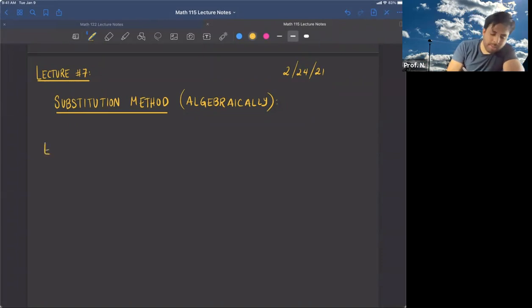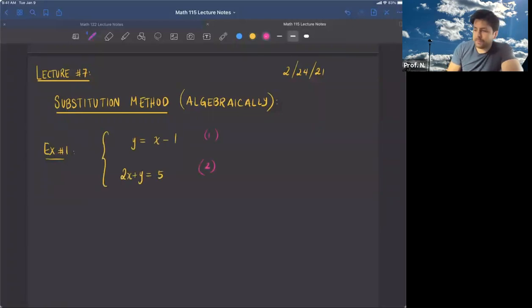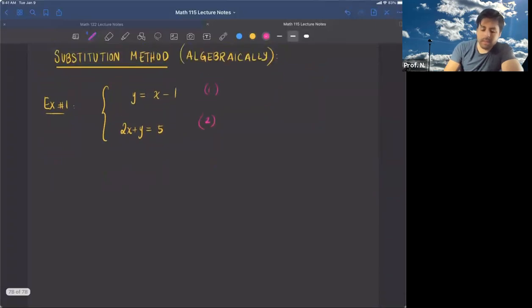So I'll give you the first example. Let's say I have a system that looks like this: y equals x minus 1, and 2x plus y equals 5. So this is my first equation. This is my second equation. Now, this is a system of equations. Why is it a system of equations?